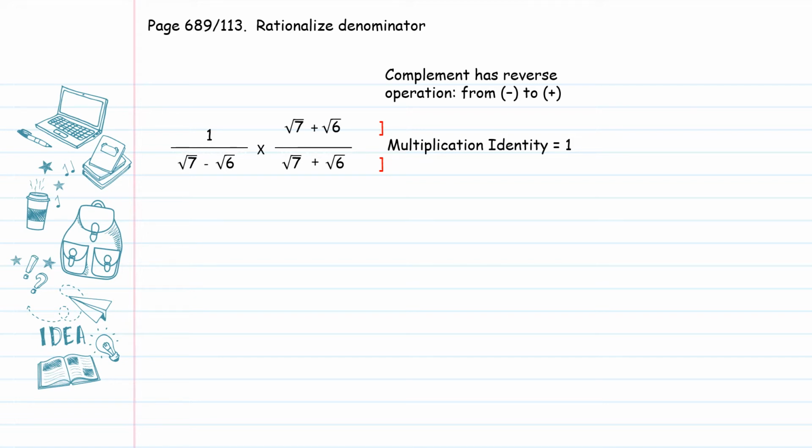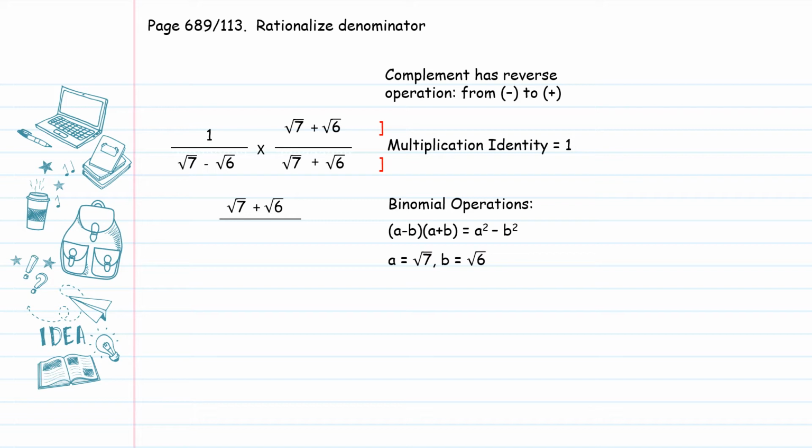Let's evaluate it by multiplying numerator to numerator and denominator to denominator. So the numerator will just be 1 times square root of 7 plus square root of 6. And then for the denominator, we use a special concept, the binomial operation between two quantities. In this case, we recognize that the first term is (a minus b) times (a plus b), which gets evaluated to a squared minus b squared.